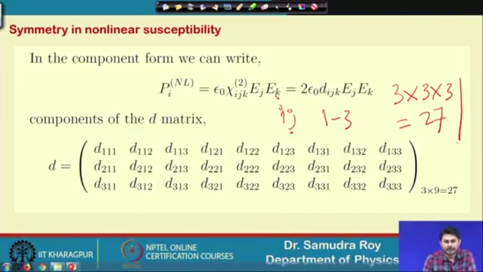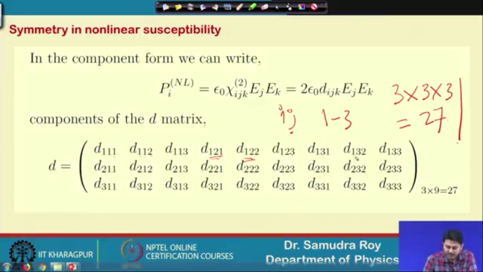In this matrix form, I try to write all these 27 elements. If you see, my first term is 1 1 1, then 1 1 2, that means I am not changing i and j, I am just changing the k value. So, this is 1 1 3. Then I have 1 2 1, 1 2 2, that means I am fixing i and j at 1 and 2, and then changing the last one, 1 2 3.